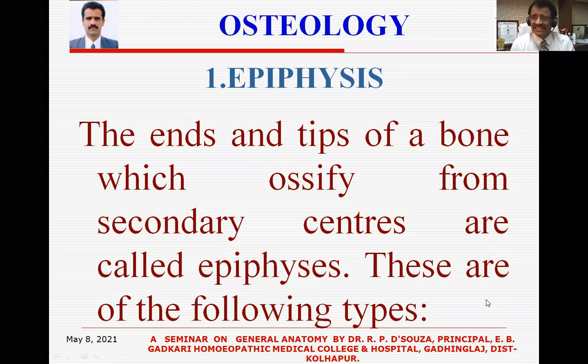Epiphysis means ends or tips of a bone which ossify from secondary center. Every long bone has got ends. They may also have some tips also, like trochanters, tubercles. So those are called as tips. The ends and tips of a bone which ossify from a secondary center are called as epiphyses, and they are of different types and they are of different number in different bones.